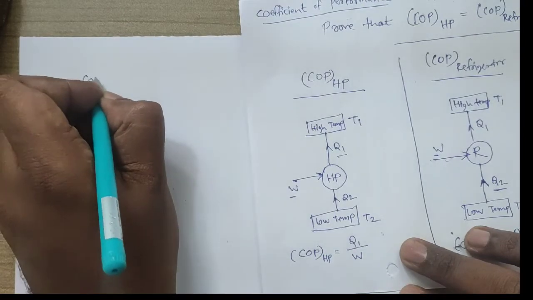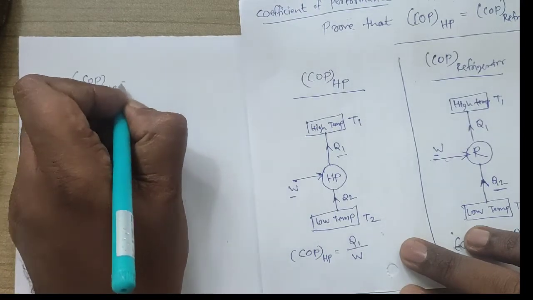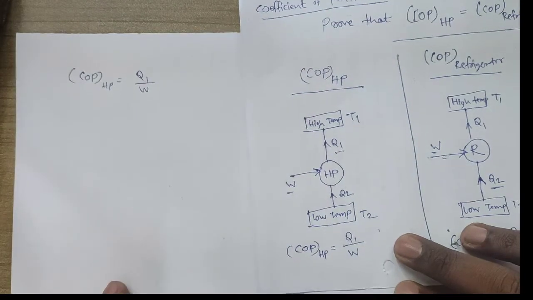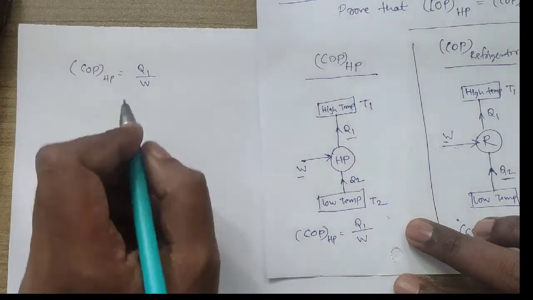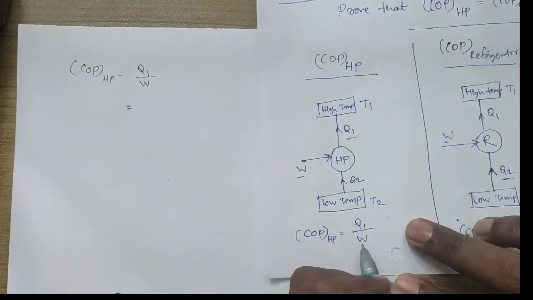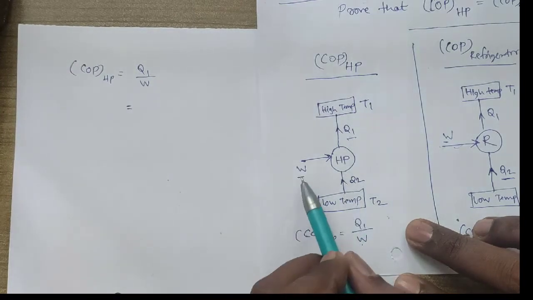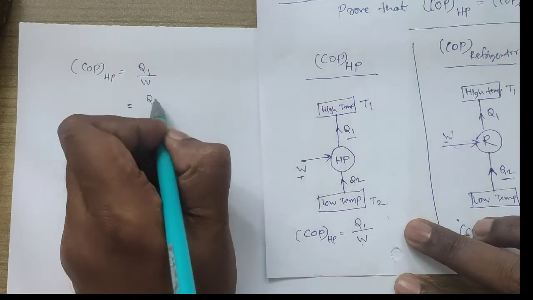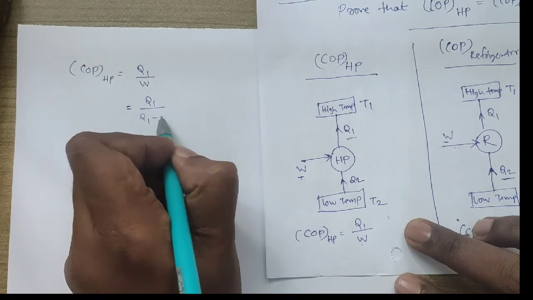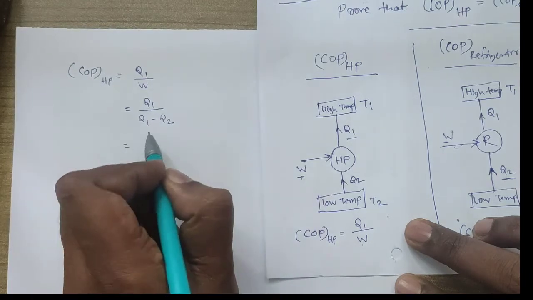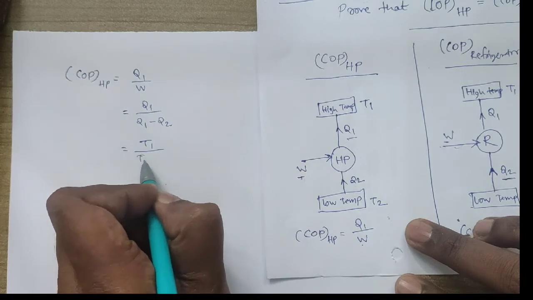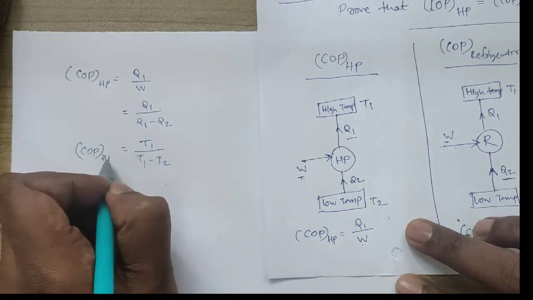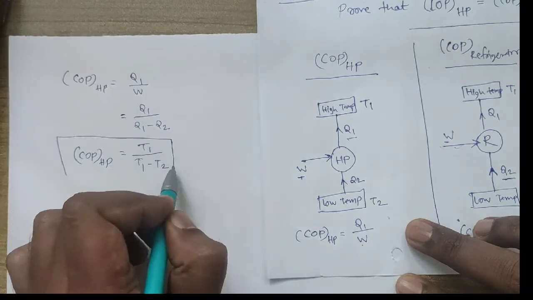COP of HP is equal to Q1 upon W. Now we can write W is equal to Q1 minus Q2, as we all know. So we can also write it as T1 upon T1 minus T2. So this is the COP of heat pump, our equation for HP.